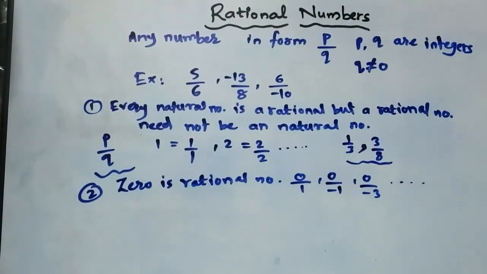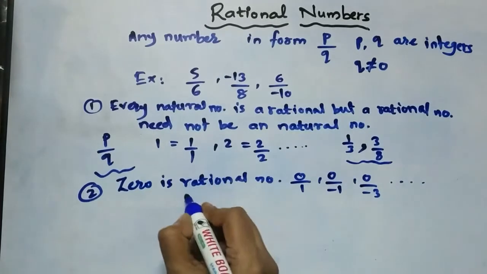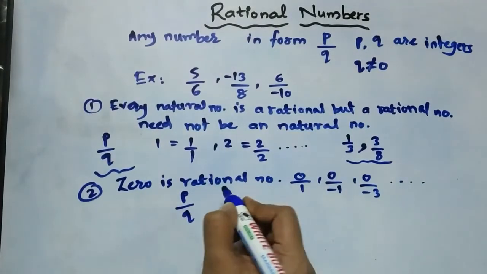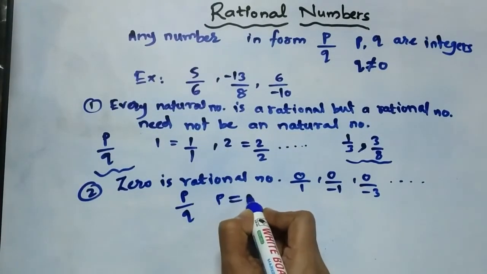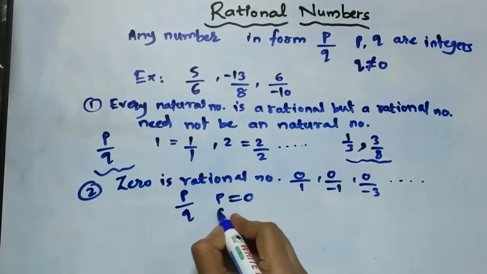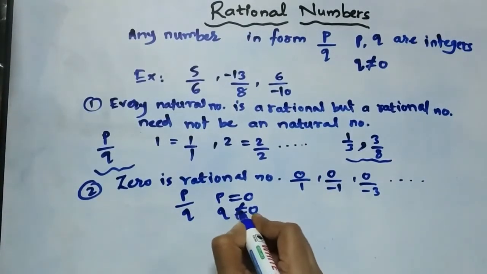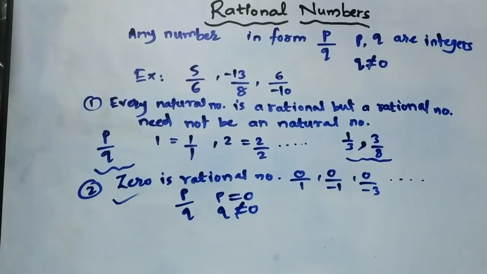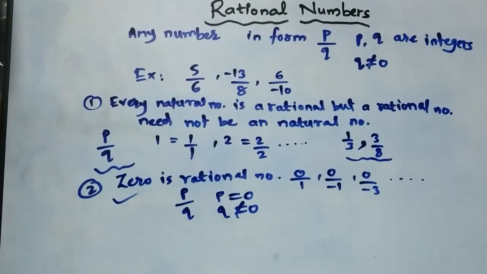So 0 can be represented in the form of P by Q, where here P is equal to 0 and Q is not equal to 0. So yes, 0 is a rational number where P is equal to 0 and the denominator is a non-zero number.